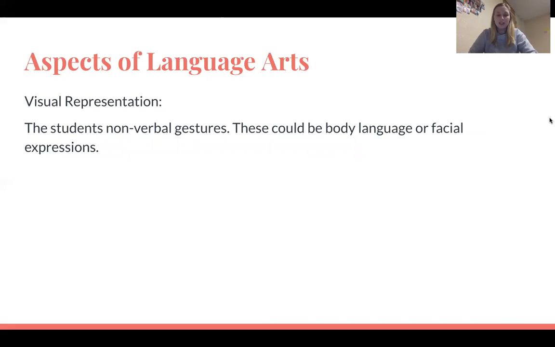Visual representation, these are nonverbal gestures. So these are like body language or facial expressions, or like I talk with my hands a lot, stuff like that. Right now, facial expressions can be kind of hard due to having to wear masks, but teaching the kids that we have our eyes and like our eyebrows, we can still see facial expressions from those too.